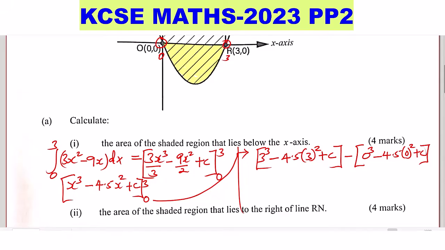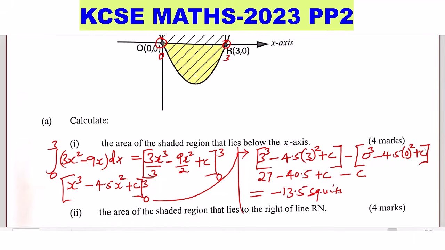So from here, 3 cubed will give you 27 minus 4.5 times 3 squared. That will give 40.5 plus c. Then we subtract. This will be 0, which gives c. So you have 27 subtract 40.5 plus c minus c. C will get eliminated. And this one will give negative 13.5 square units.